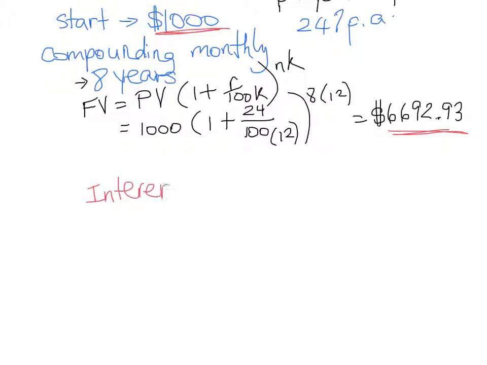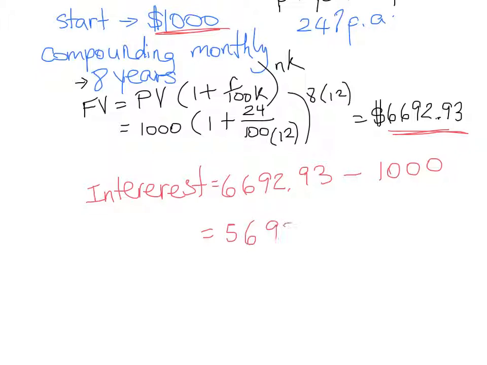The interest is equal to $6,692.93 minus $1,000, and that will give us $5,692.93. That is our interest earned. Our final value was $6,692.93, but our interest was the difference between that and the original amount.